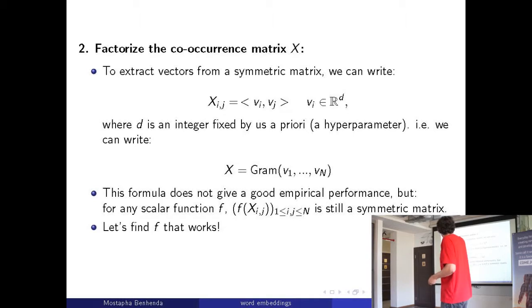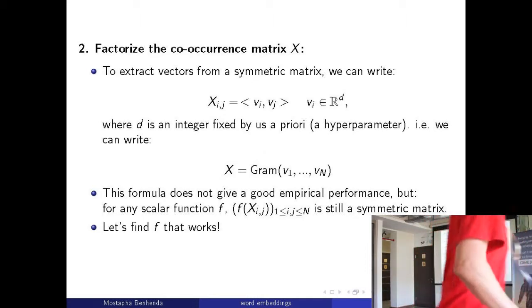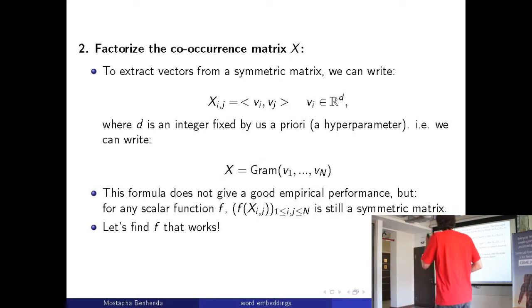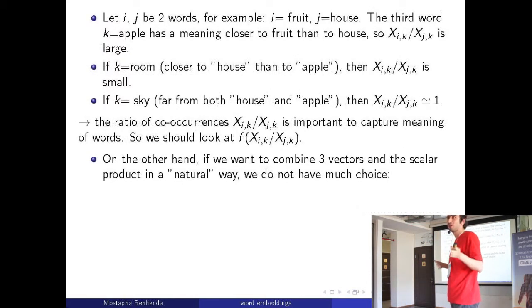So you can try again with another function. Here you will put f of X_ij, and you will try to find an f that gives you a good factorization. So how do we do it? It's probably the hardest part of the talk, so I will try to be slow.